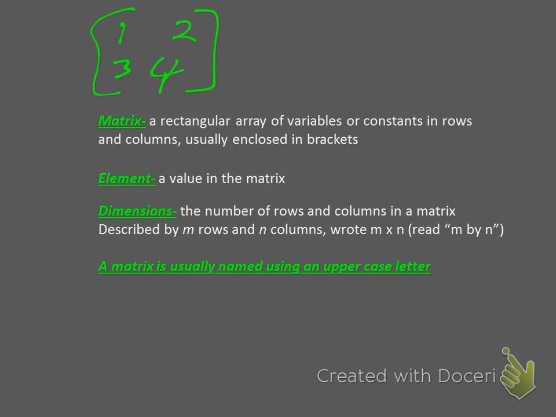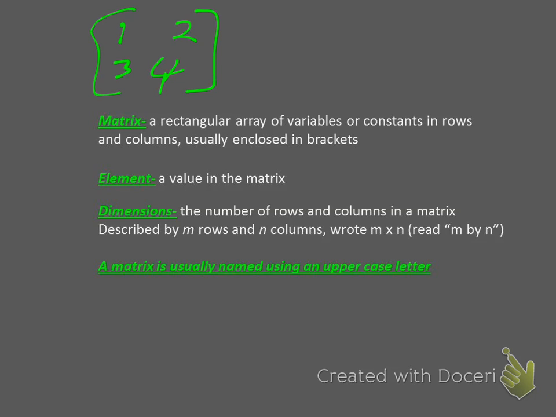Next part, probably the most important part of a matrix, is knowing the dimensions of a matrix and understanding how they go, because you're going to have a different set of rules for each operation: add, subtract, multiply, and then some other stuff.